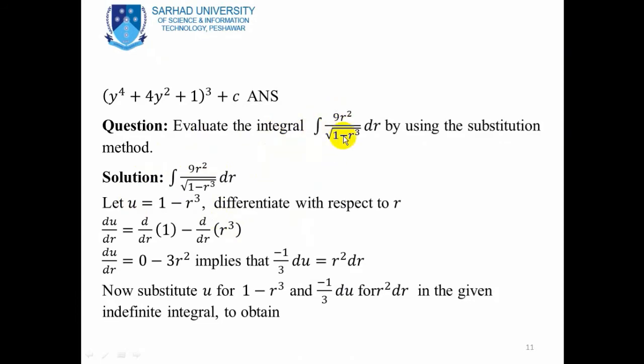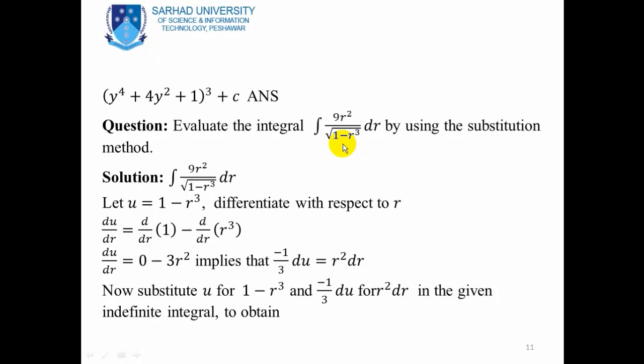First of all, check which part should be supposed for the new domain u. Suppose that part as the u function such that after differentiating with respect to the given domain, we will obtain the remaining part of the function in terms of u.